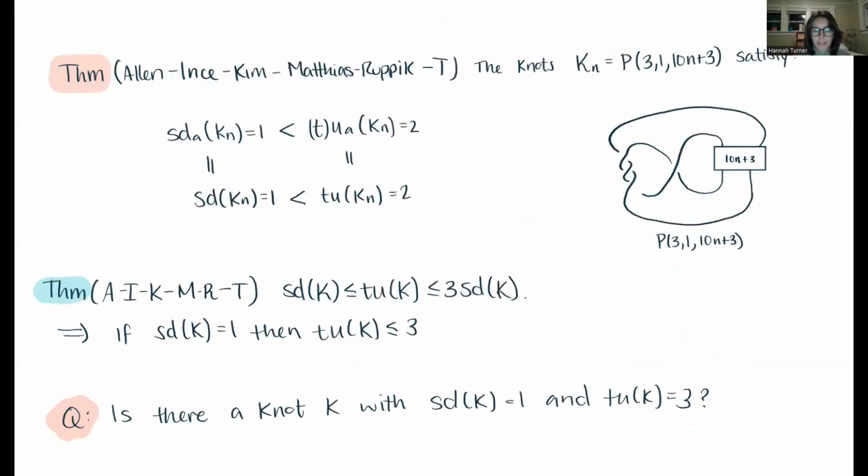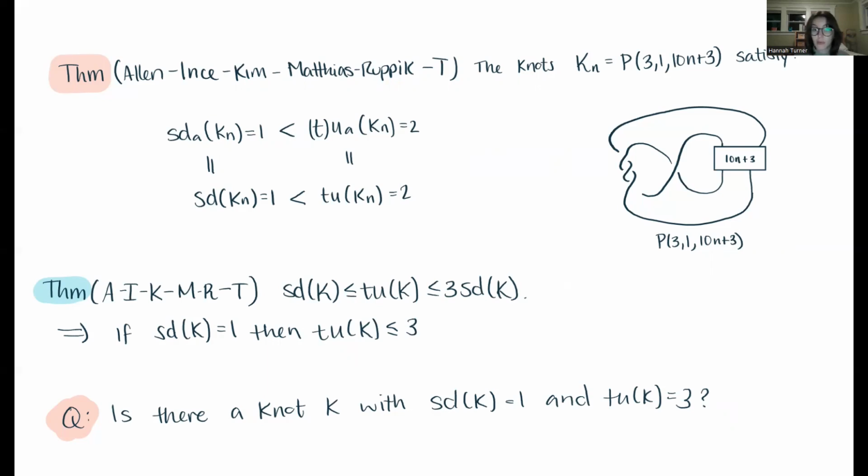And I want to highlight this theorem that I already mentioned a couple of times in part 1. We showed there's this tight relationship between the Surgery description number and the untwisting number. The untwisting number can't be larger than 3 times the Surgery description number, which means that if the Surgery description number is 1, say, the untwisting number couldn't be more than 3.